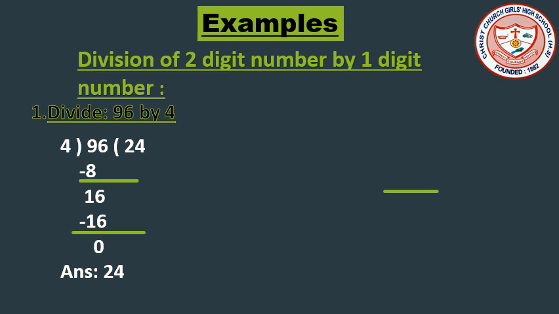Now we are going to divide 16 ones by 4. Okay. So we know 4 fours are 16. So we are going to take 4 and write this 4 in the quotient, right? And we will write 16 just below the dividend.